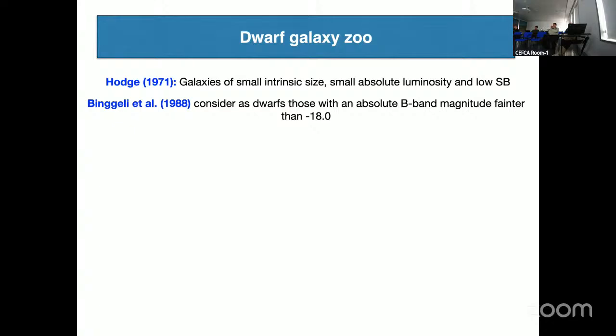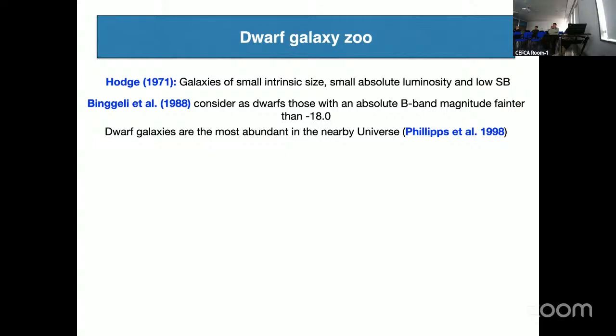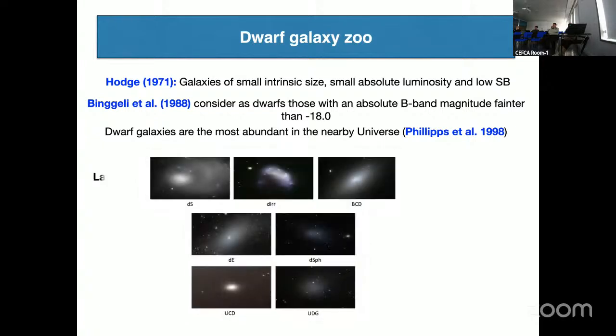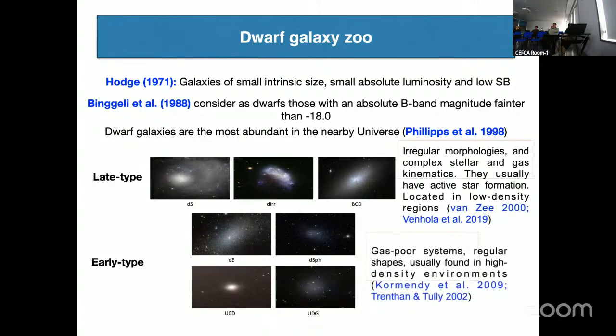Okay, so with this definition, dwarf galaxies are interesting because they are the most abundant galaxies in number in the nearby universe. What happens is that there are many different dwarf galaxies. The dwarf galaxies are a real soup of different galaxies. We have late-type galaxies, we have early-type galaxies.